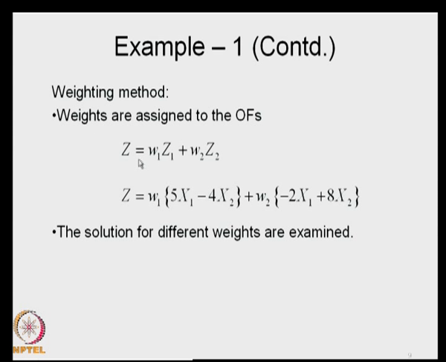We write a new objective z as equal to w1 z1 plus w2 z2, and z1 is 5 x1 minus 4 x2, z2 is minus 2 x1 plus 8 x2. We can keep on generating different solutions by assigning different weights w1 and w2. So, that is what we will do now.